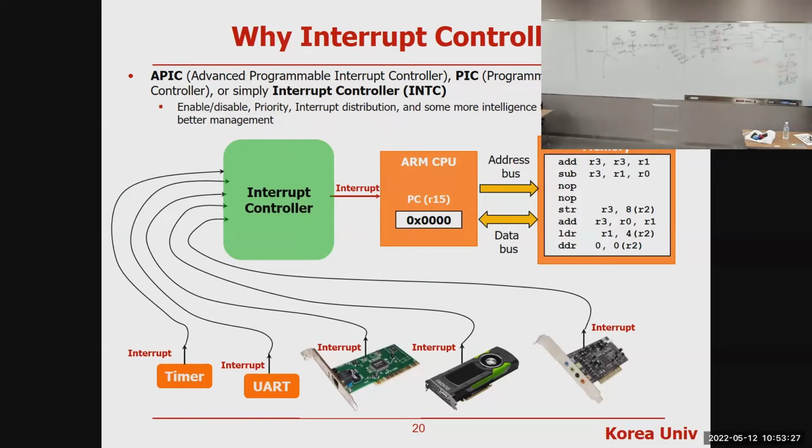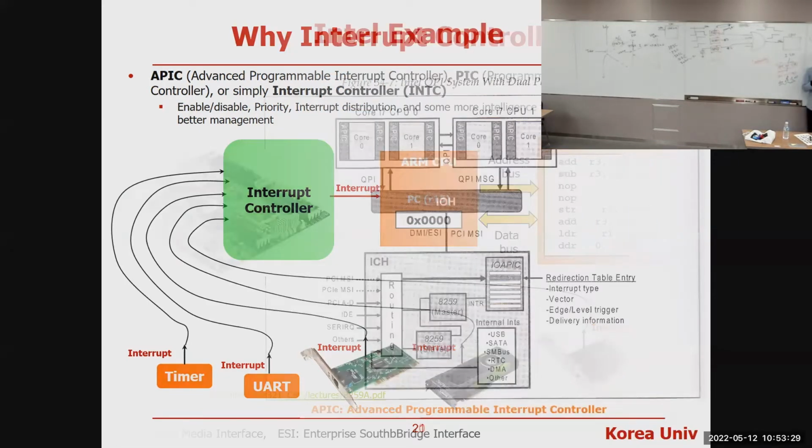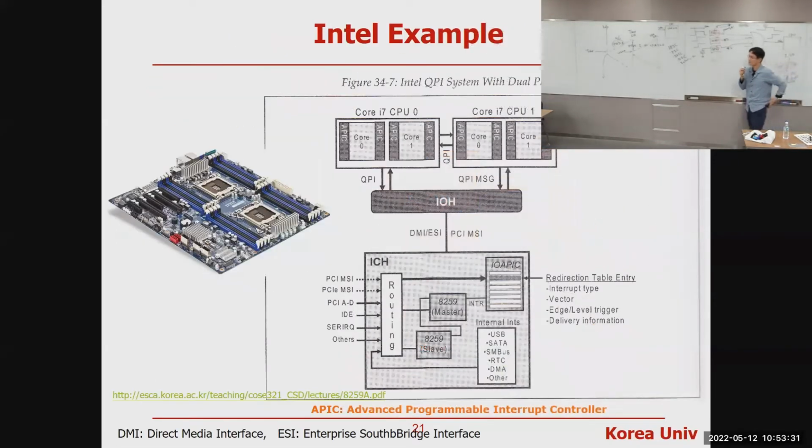Okay, let's talk in detail. Before that, here is an x86 based computer system block diagram. Take a look at this. How many interrupt controllers are there in your desktop or notebook computer system? Here it is a little bit old server system with 2 sockets, so 2 processors can be inserted here.